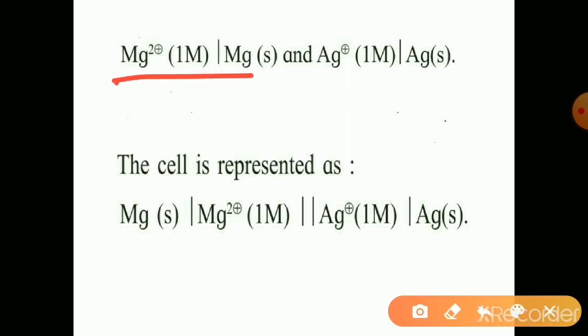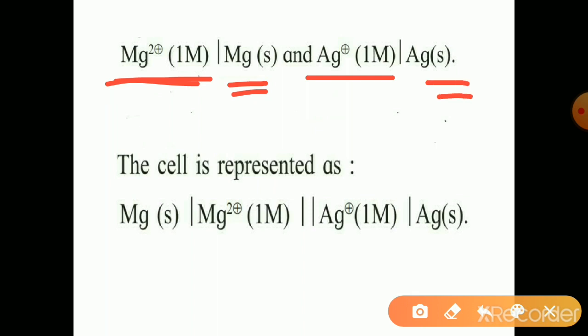So this is about the representation of the half cell individually when they are not connected. By convention, first the ionic species should be shown in contact with its electrode, in both of these.